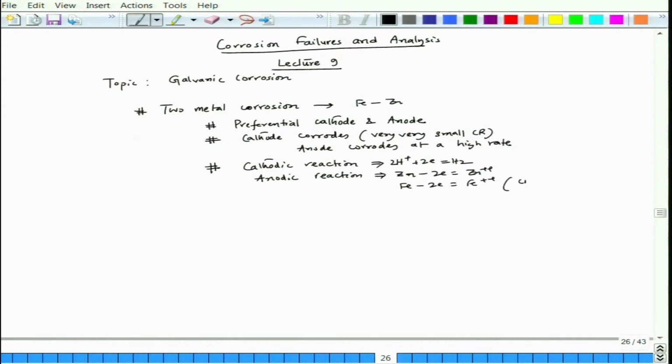Of course, the cathode's corrosion rate is very small, the anode's corrosion rate is very high, but it does not stop.